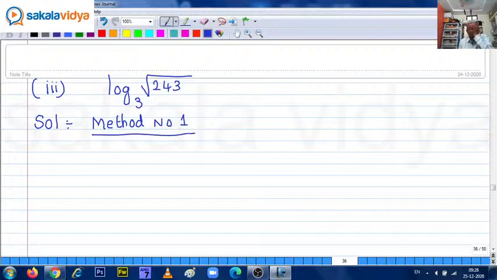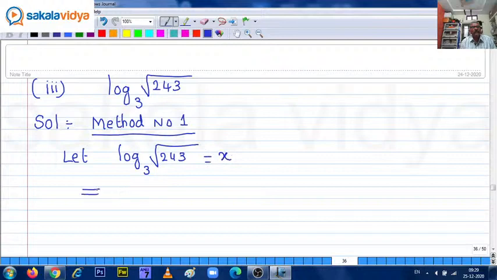So method number 1. Let us consider log root of 243 to the base 3 equal to x. So this we can write in exponential form: 3 power x is equal to root of 243.